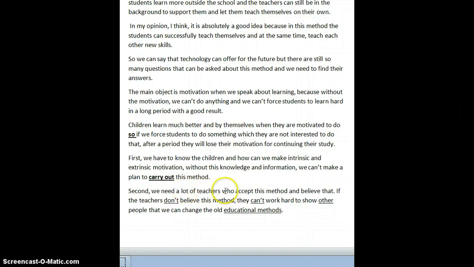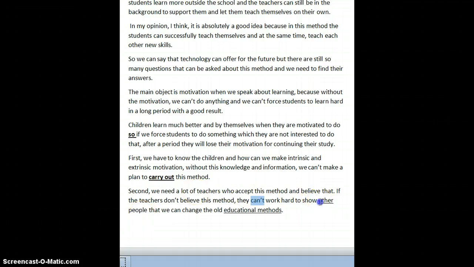Second, we need a lot of teachers who accept this method. Very good on the use of your pronoun here for people, and believe that. If the teachers don't believe this method, the apostrophe has been changed, the direction, very good. They can't work hard, well done, apostrophe, to show other people, very good.